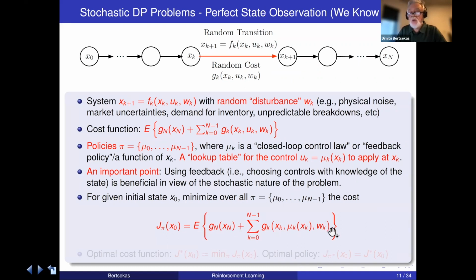We take the expected value of that, the weighted sum of all these costs weighted by the corresponding probabilities of the W, and that gives us a number, not a random variable, a number that depends on the initial state and on the policy. Now we minimize over all policies, and that defines the optimal cost as a function of the initial state. And an optimal policy is one that attains this optimal cost, and we're going to see that the dynamic programming algorithm will give you a policy that's optimal for all initial states.